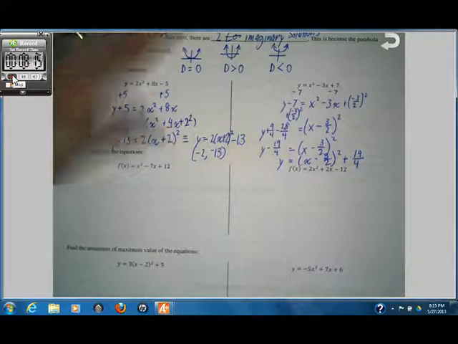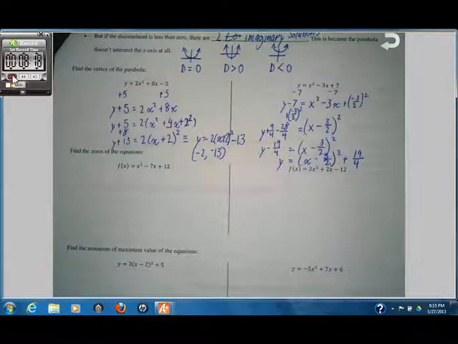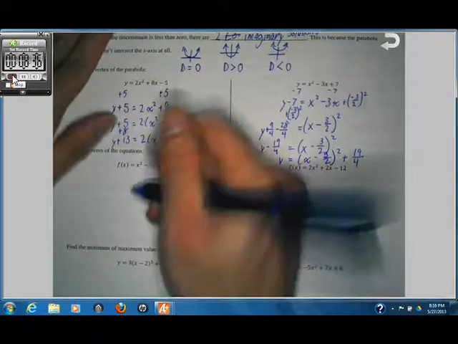Next one, asking you to find the zeros of the equation. And so the easy way to do it is you can set this equal to 0. So we have x squared minus 7x plus 12 is equal to 0. You could solve the zeros by completing the square also.